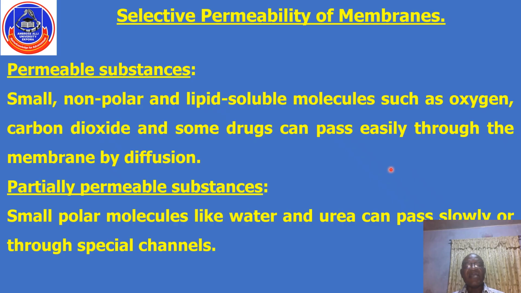On the other hand, we also talk about partially permeable substances. The partially permeable substances are small polar substances or molecules like water, urea, that can slowly pass through special channels.